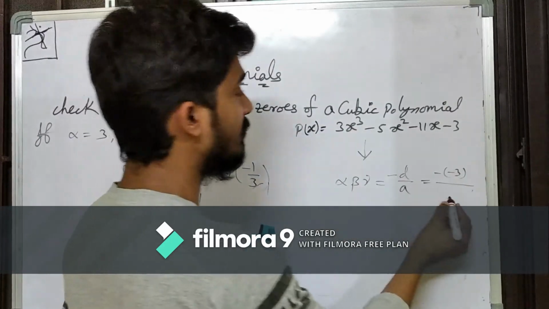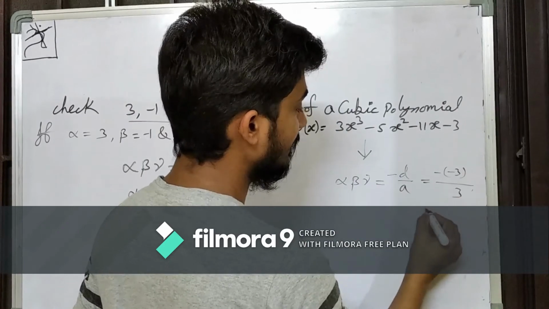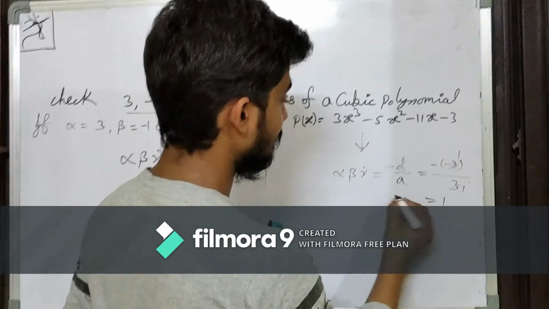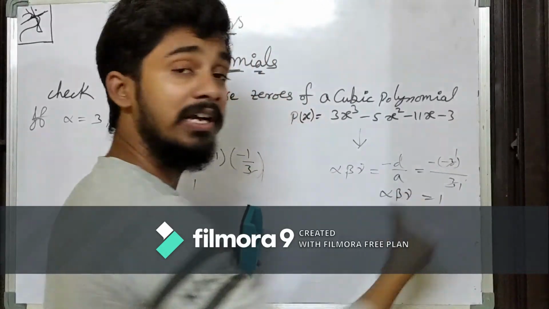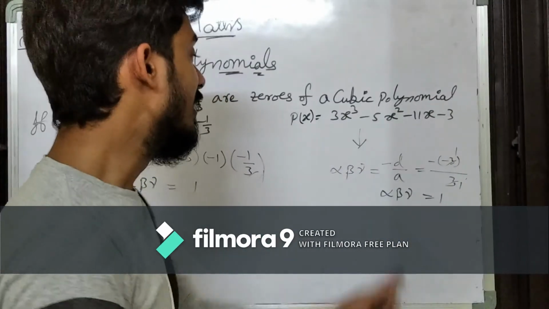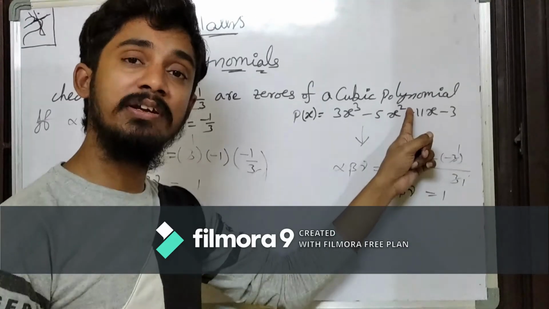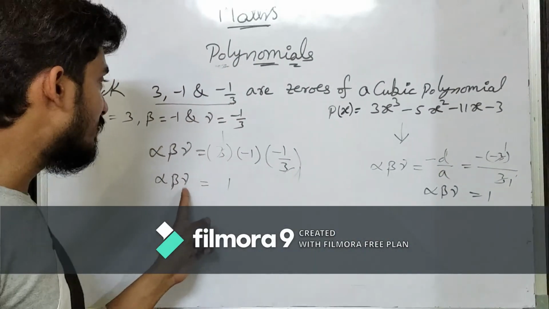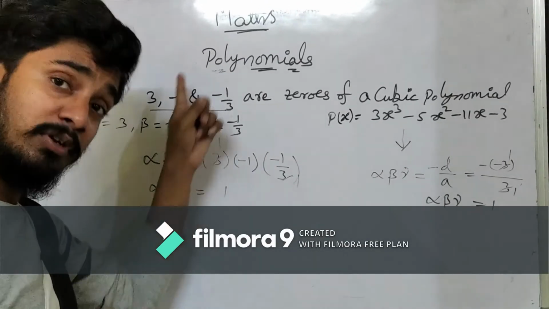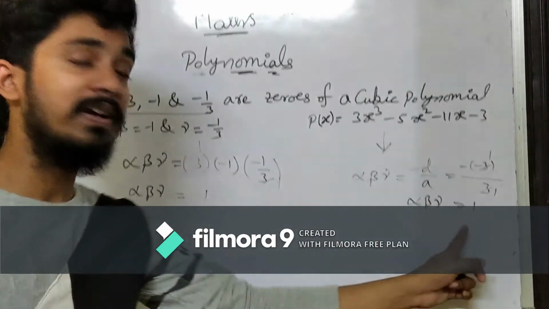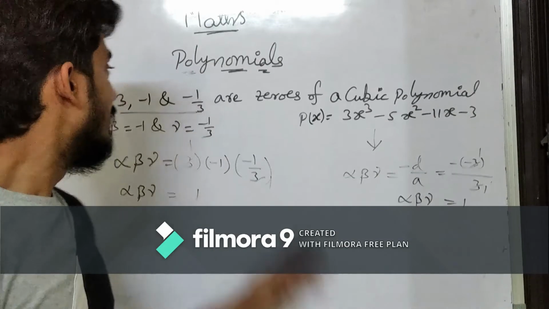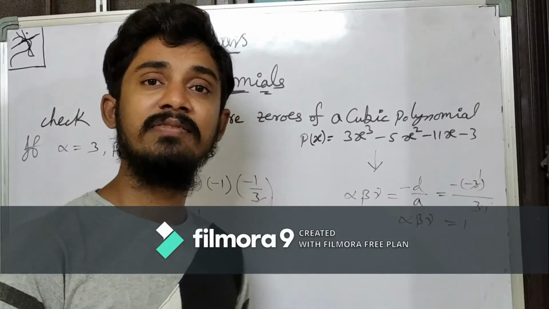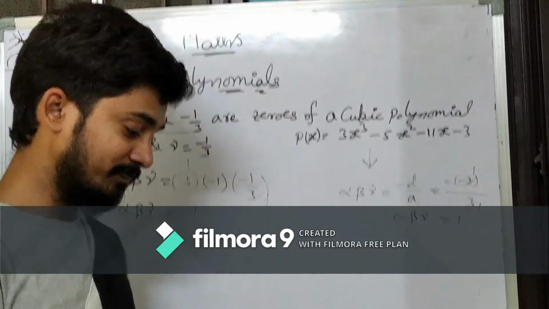The a value is the x cube coefficient, 3. 3 by 3 is 1. Alpha beta gamma equals plus 1. The product of the zeros by using coefficients of the given cubic equation is 1, and the product of the zeros by using zeros of the given cubic polynomial is also 1. These two values are the same. So that's why these three are zeros of the given cubic polynomial.